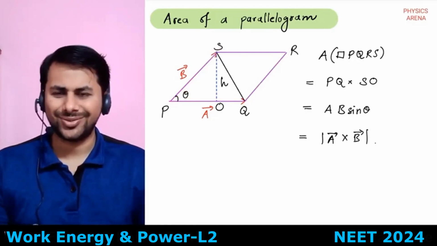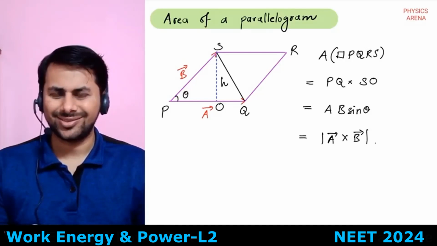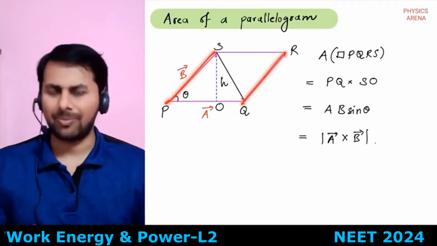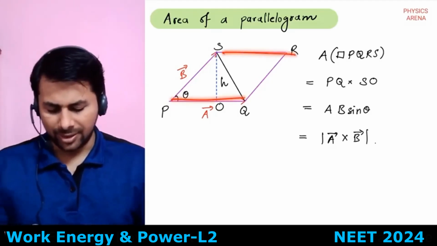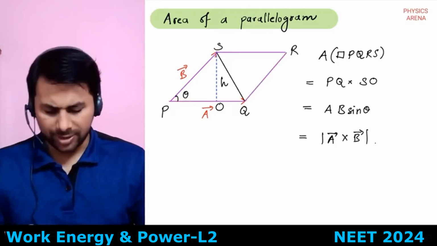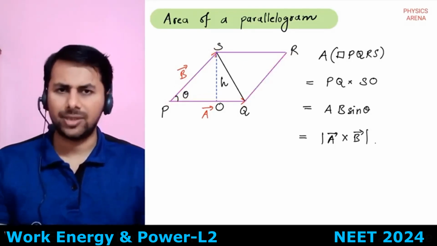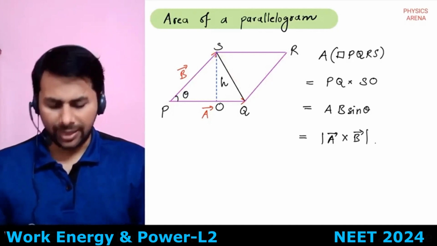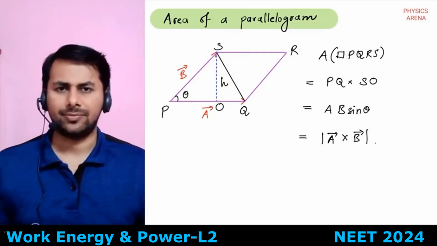Can I say this? Yes, no? Because these lines are parallel and these lines are parallel, this angle will be equal to this angle, and the length of this side is equal to the length of this side. The length of this side is equal to the length of this side. So the area of this triangle will be the same as the area of this triangle.